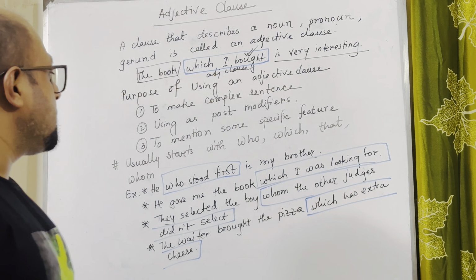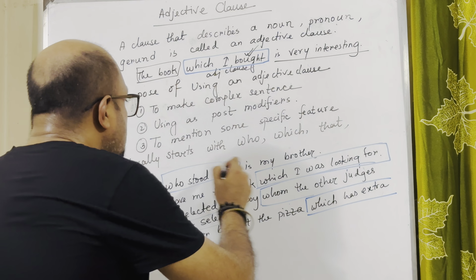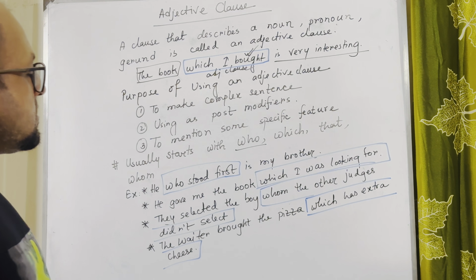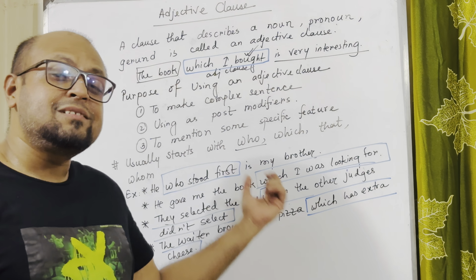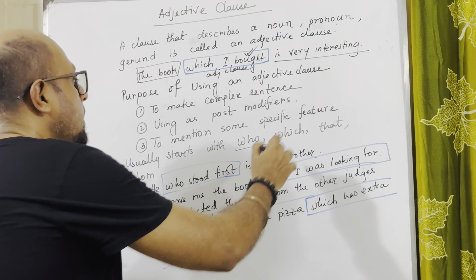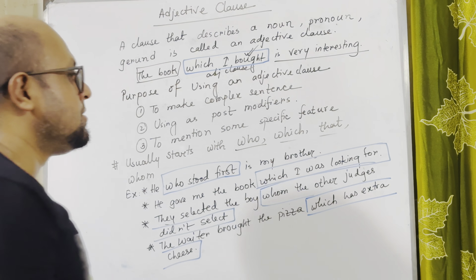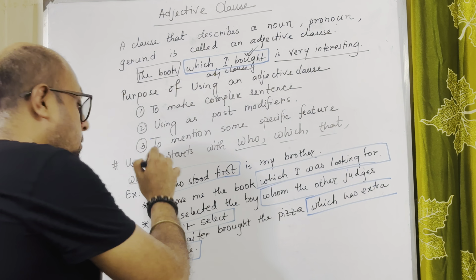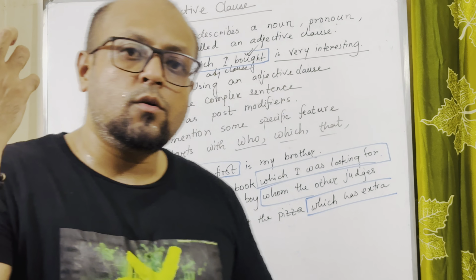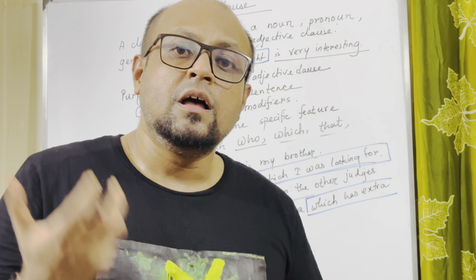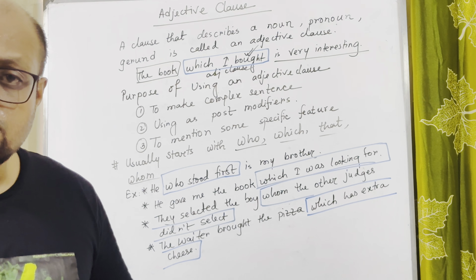Next goes with some rules. Often an adjective clause starts with words like who, which, that, whom. They are called clause markers of an adjective clause.